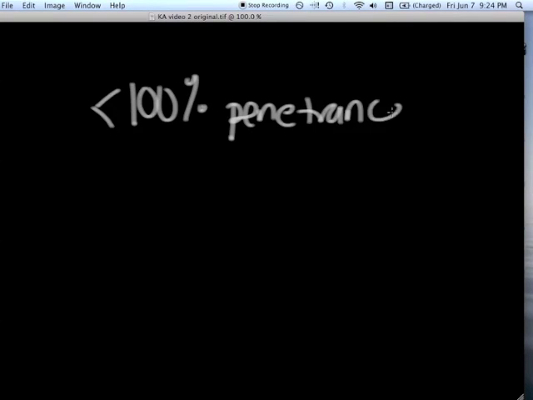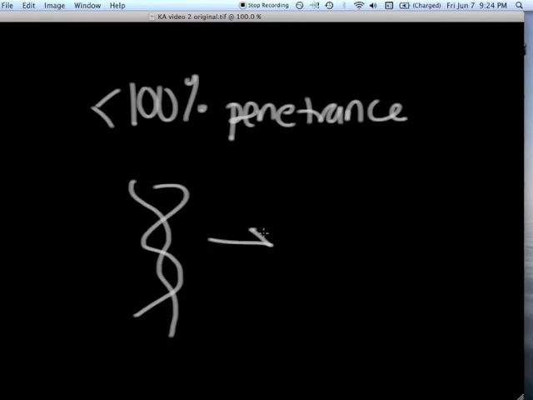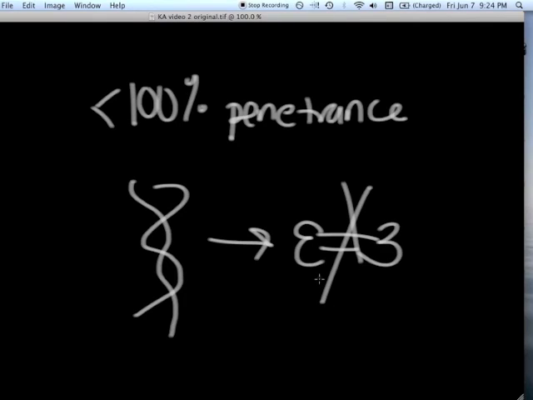In other words, if you had 100 people with the mutation in the DNA, that would make you think that they would get messed up bones. That doesn't happen because not everybody has this transition.